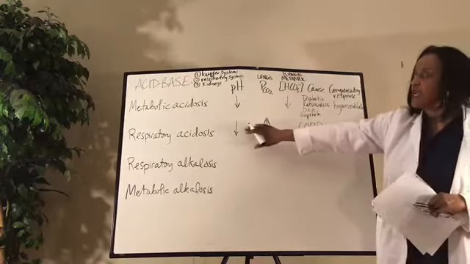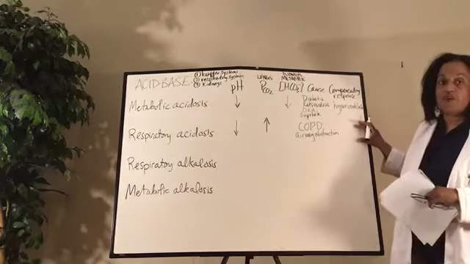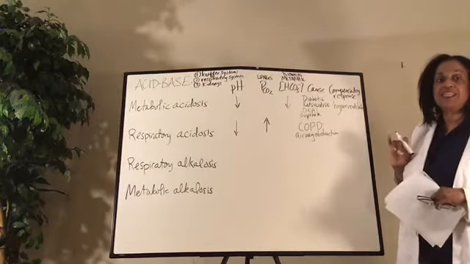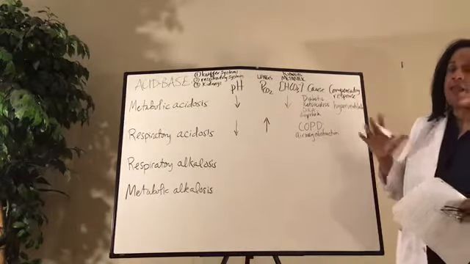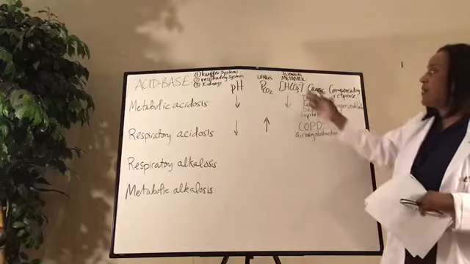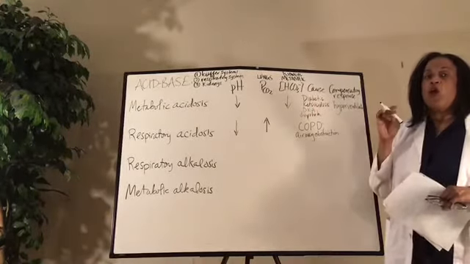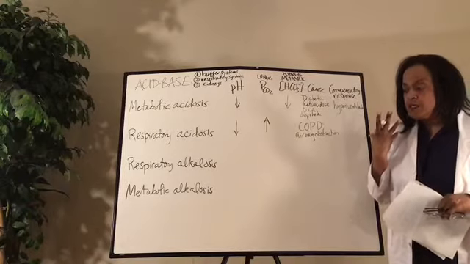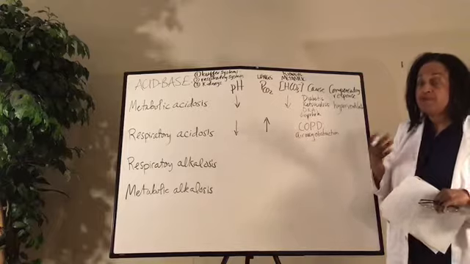Well, the lungs look like they're a little compromised. So what is going to take over? The kidneys. The kidneys can do two things. They can hold on to bicarb and use that as a buffer to neutralize acid, or they can secrete or pee out the bicarb and then make the body more acidic.